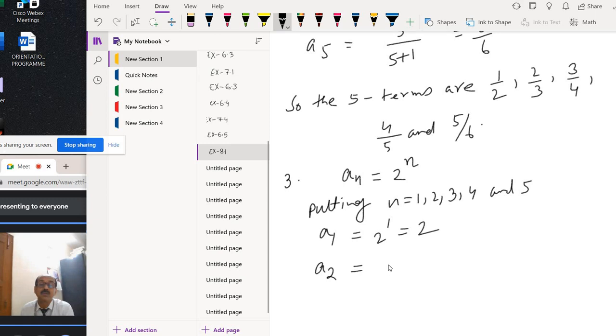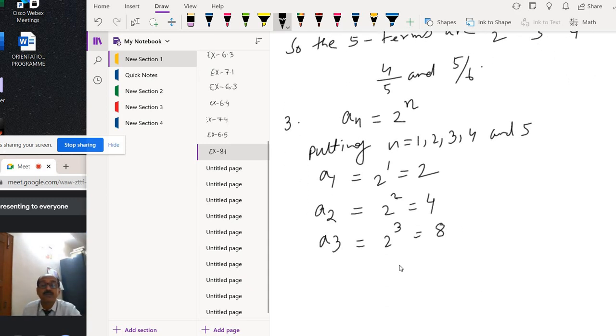a2, 2 to the power 2, which is 4. a3, 2 to the power 3, which is 8. Then 2 to the power 4, which is 16.